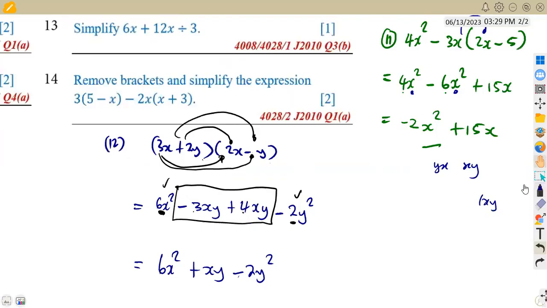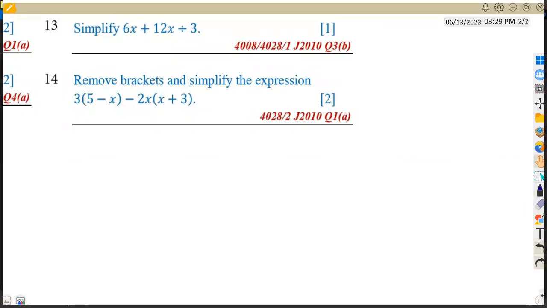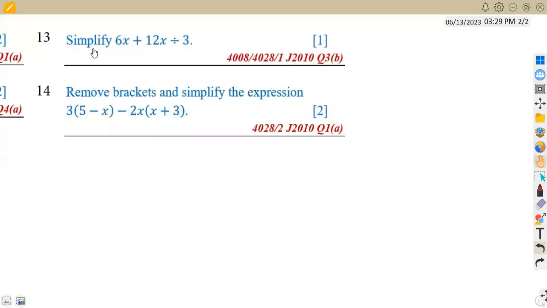Let's check number 13, which is a little bit confusing, but everything is direct there. If you check properly, I want us to focus on question 13. This is the major part. Let's see what we're going to have here. Question 13 is to simplify, just a simplification.